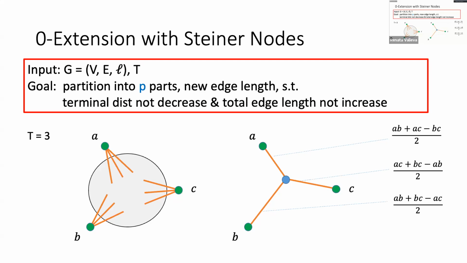I can construct a structure like this. And moreover, I can project all the vertices in the original graph to some point in this structure, just like what we have done to Q. We can project whatever vertices in the original graph to the structure, such that every edge length only decreases. That's what we can do.